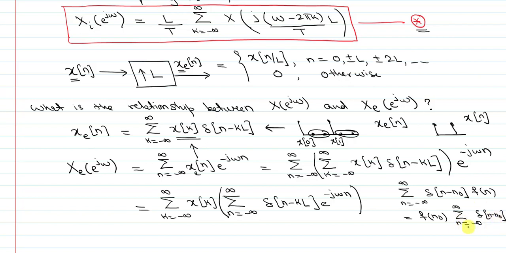And since this whole summation has only one delta, only one of the terms is non-zero, everything else is 0, and the summation of this is going to be 1. So I simply get f of n naught.